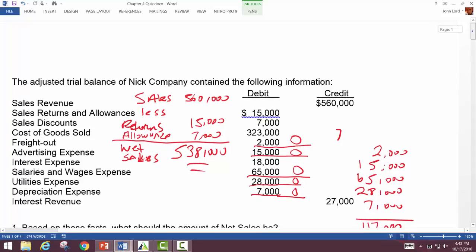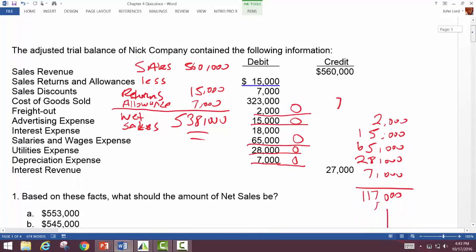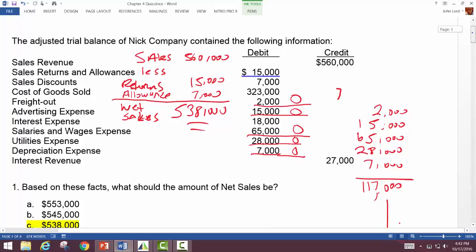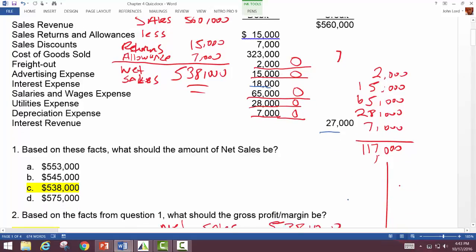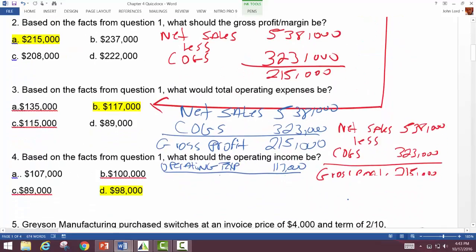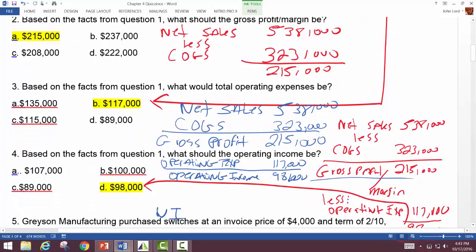Okay, what's the non-operating? Good. We want to pick up the interest expense here. Interest expense was what? 18, and I have also interest revenue, don't I? Of 27,000. Okay, so if I take my operating income plus my non-operating items, what do I have?